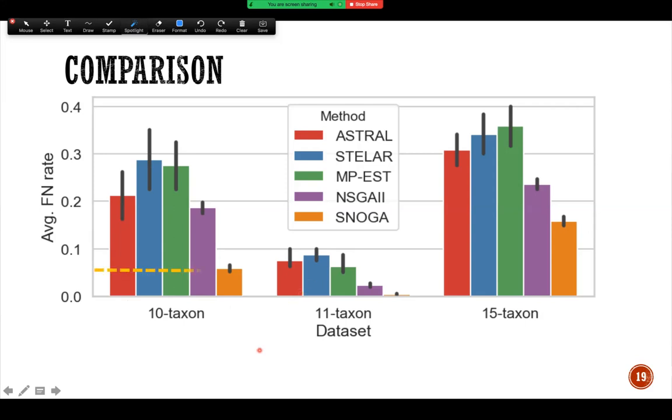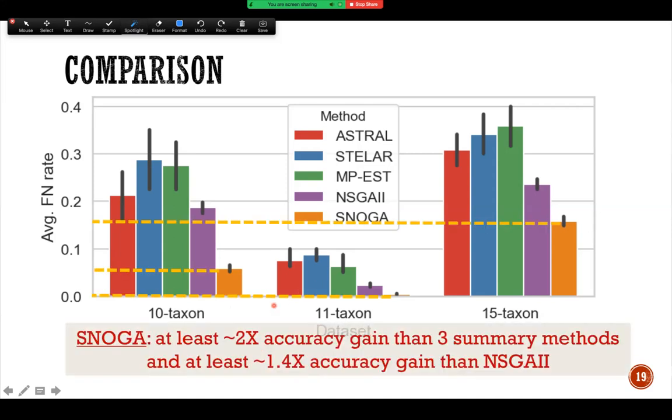We see that SNOGA achieves at least around twice the accuracy of the 3 summary methods, and it achieves at least 1.4 factor accuracy gain over NSGA-II. So we can say that the modifications we made in SNOGA help it to perform better.